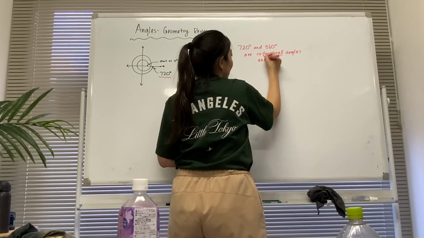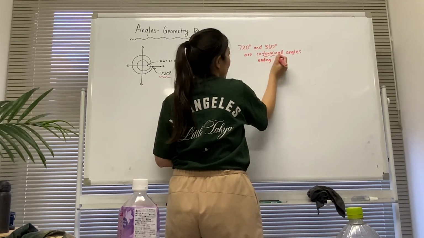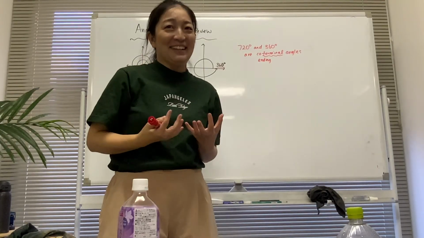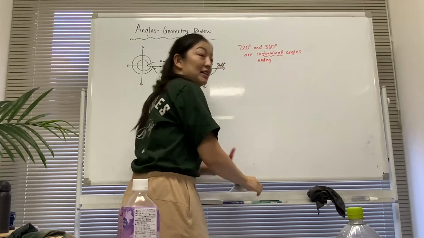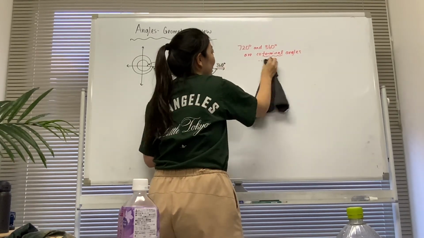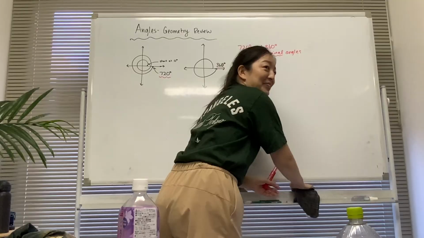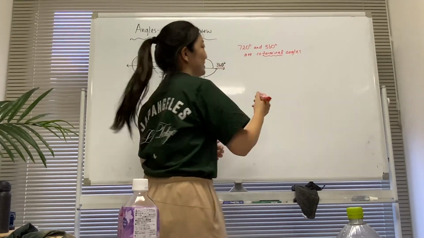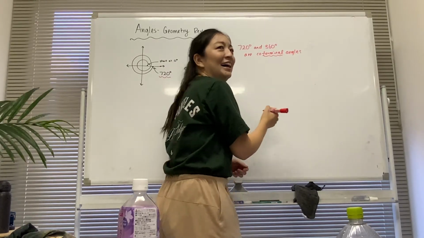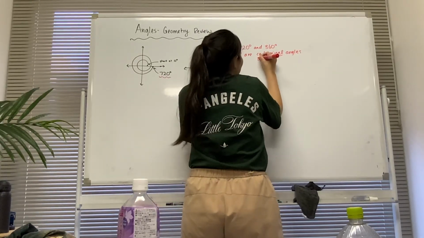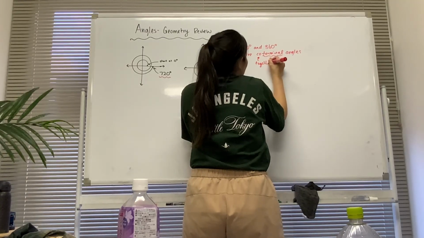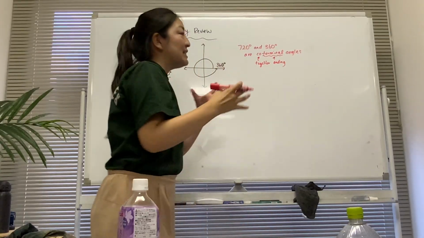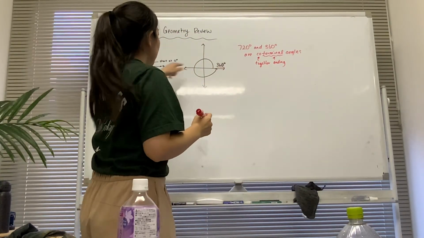If you have a terminal illness, it is an ending illness. Terminal is ending. So, they end at the same place. Okay, coterminal means they end at the same place.